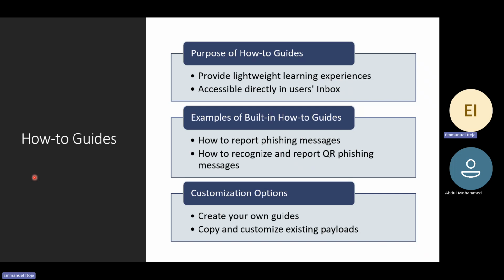A how-to guide is a lightweight learning experience that users can view directly in their inbox, following the built-in how-to guide availability, and you can also create a customized one by creating your own guide by copying or customizing an existing payload. That's about the how-to guide.